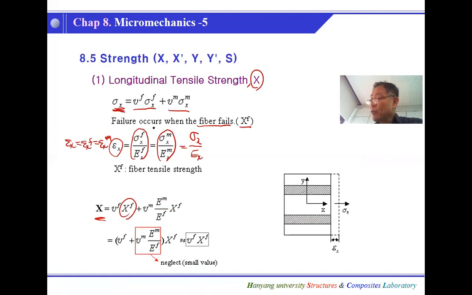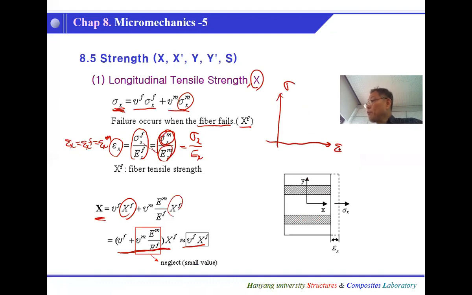This one is the fiber strength, and the resin stress can be approximated by this equation. Put it here, and then this is the XF. So we can say like that, but this can be simplified as the fiber strength times the fiber volume fraction. The procedure is simple and the result is simple, but conceptually very important.